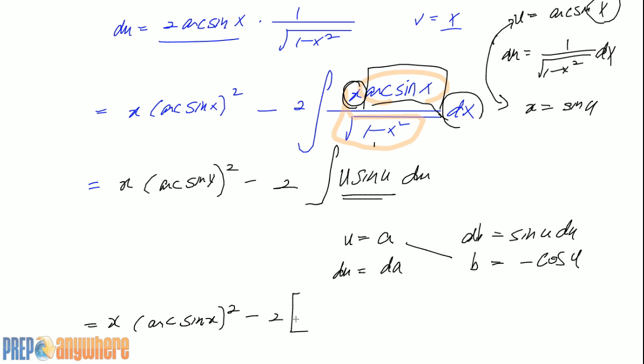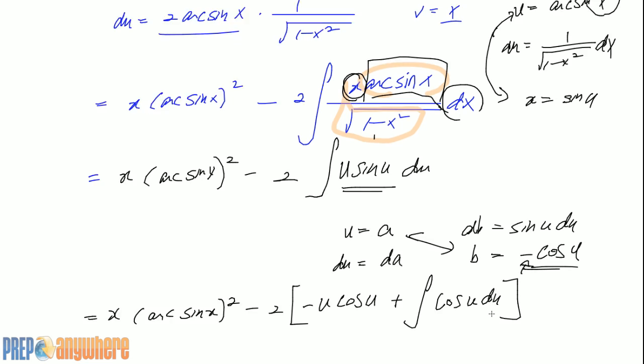So let's multiply these two. You get minus u cosine of u, and then you get, it's minus of a minus, so it's plus the integration of cosine of u du.